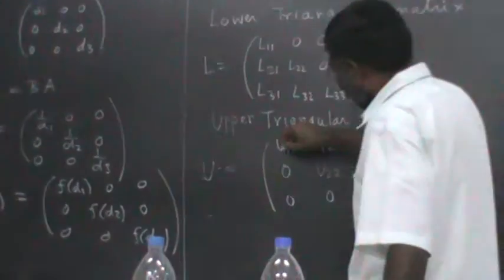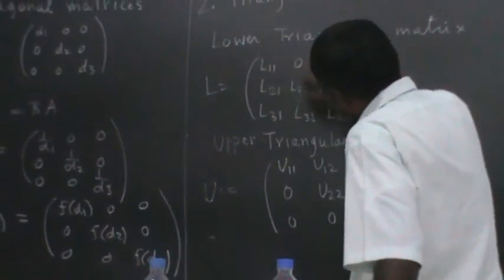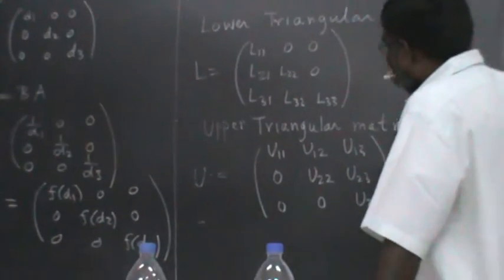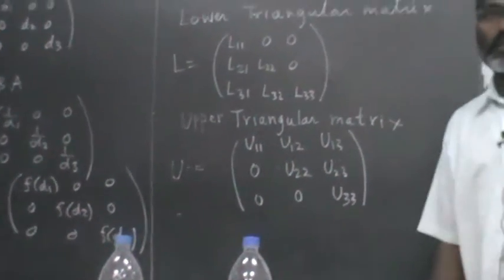That means below the diagonal all elements are 0. So this is like an upper triangle, and this is like a lower triangle. That's why the names upper triangular matrix and lower triangular matrix.